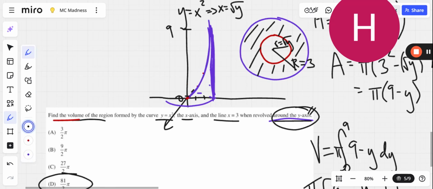That's one boundary, but the rotational line is the y-axis, so we're not rotating it around one of the boundaries. The other boundary is all the way out here. If we were rotating it around the line x equals 3, then for sure we would have just had disks because there would be no gap in between the boundary and the rotating line. But since there is a gap in between this rotating line and the two boundaries, we have the close one and the long one, then there's going to be washers involved. Okay?